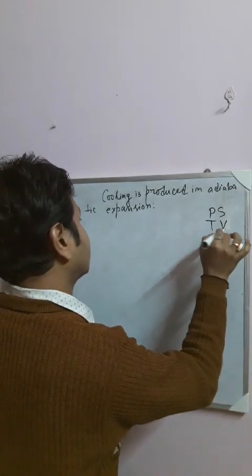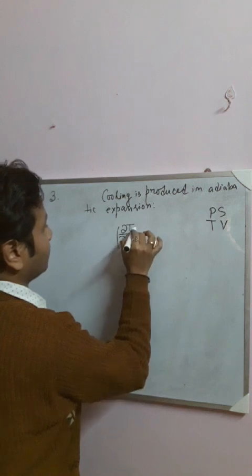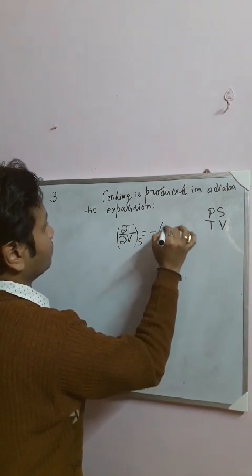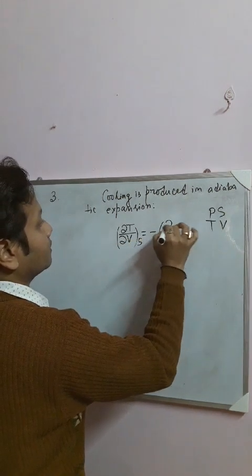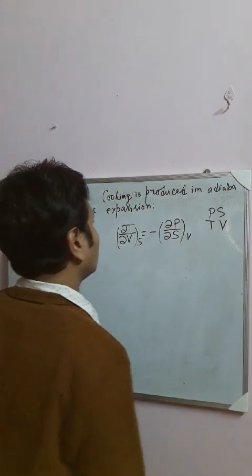So in this case we use this relation, that is del T del V at constant S equals minus del P del S at constant volume.